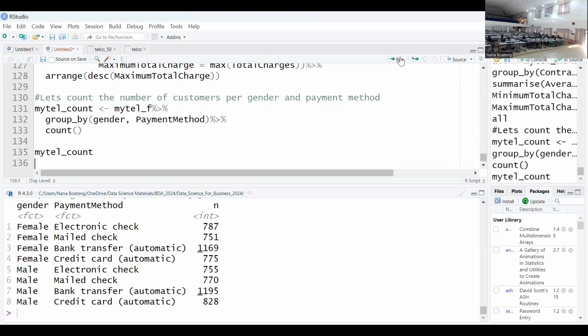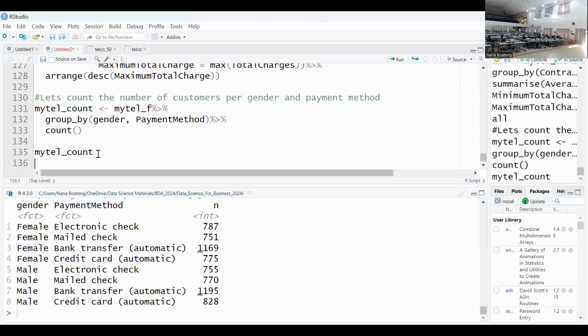So there are two ways we can do this. We can take the one we've just done and pipe that into rename, or we add rename to the main syntax we have on line 131 for the count.